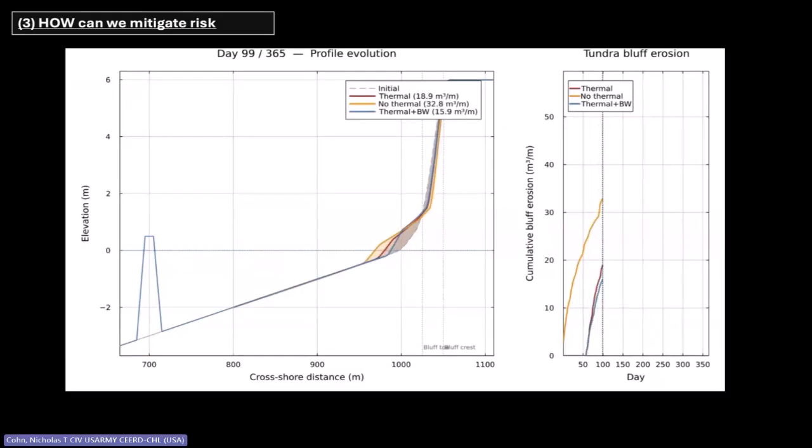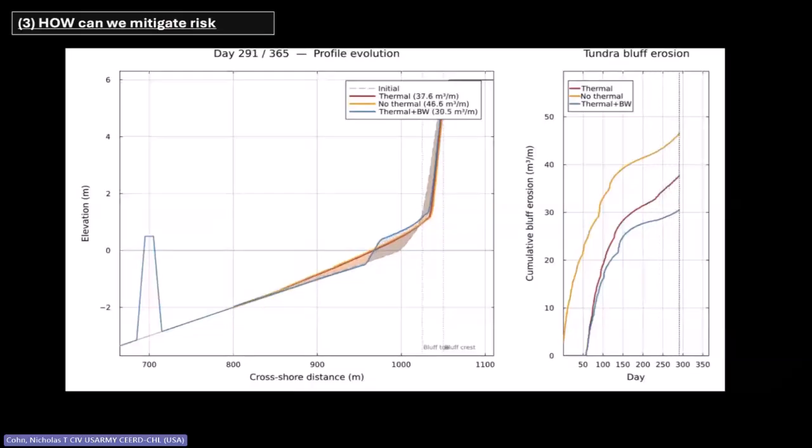I realize I cut off some of the bluff here with where the legend is, and then there are just the volume changes, the volume losses of that bluff system for these three different cases, where you can see that within this coupled SEASHORE model, by starting to include the thermal processes, we are predicting considerably less erosion over time.